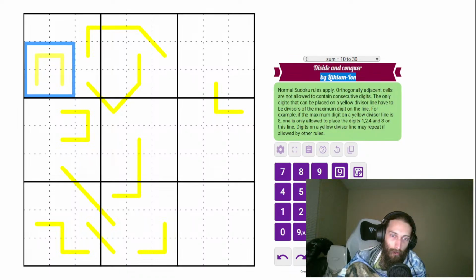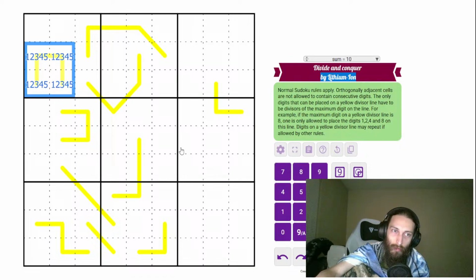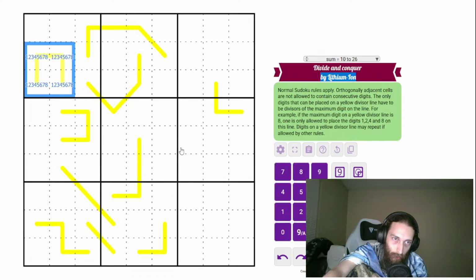Well, there are 4 digits here. So what can the maximum be? Nine only has 1, 3, and 9. 8 has 1, 2, 4, and 8.